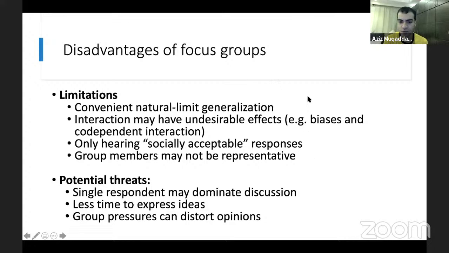You could also, because it's a focus group, only hear socially acceptable responses, right? Whether it's related to things you should say, especially if you're in a focus group with people you don't know. So you might get some opinions on whatever topic, whether it's about, let's say, the climate on campus, or the attitude of students toward one another, or even political topics.